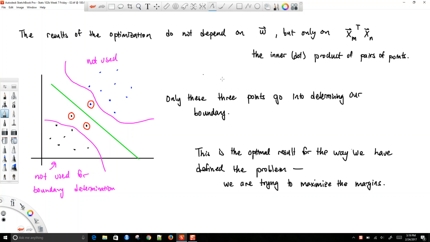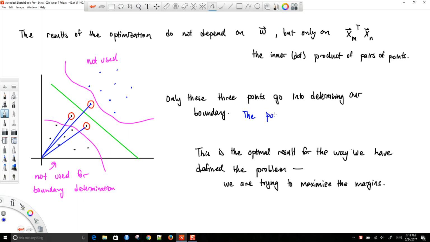And then these 3 points that go into determining the boundary are known as the support vectors, because we can always think of a point in our space as a vector. So we can say this is a vector, and this is a vector, and this is a vector, and these are the support vectors.